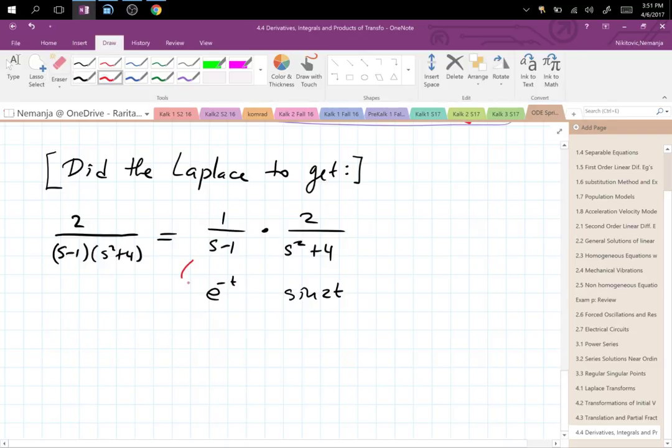I am able to do the individual inverse Laplace on these pieces.